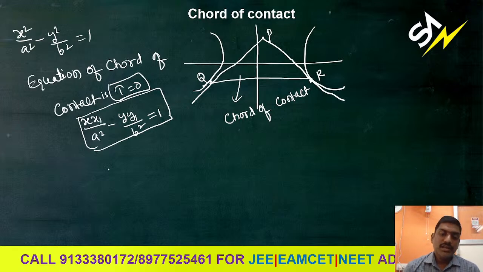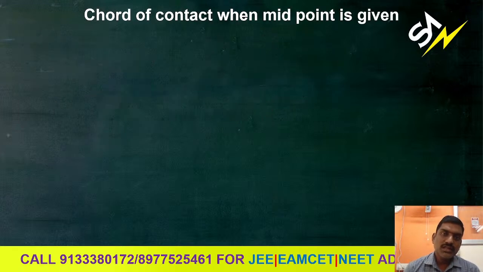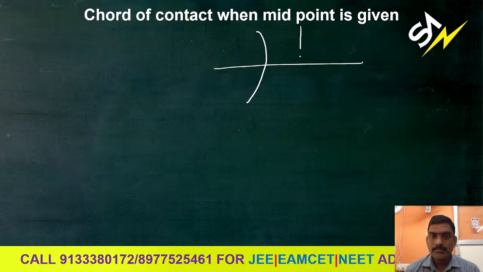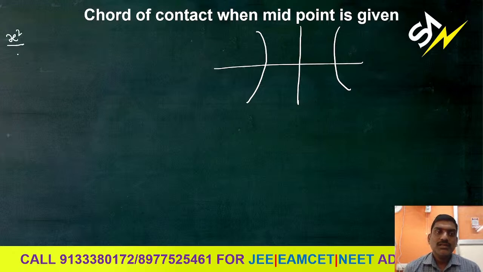Next one is, what is the chord of contact when the midpoint is given? First, let us try to draw the figure for the given. This is the hyperbola. Its equation is x square over a square minus y square over b square equal to 1.